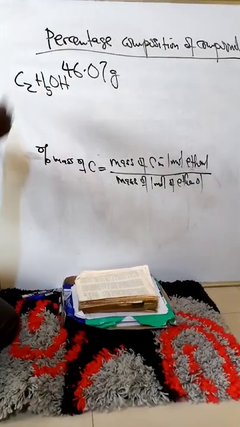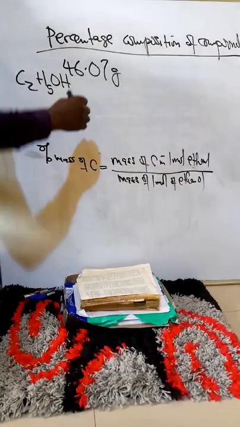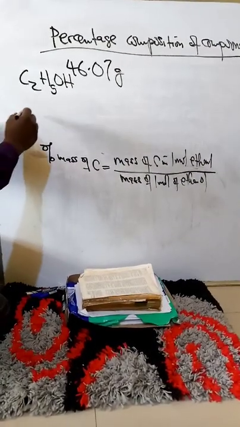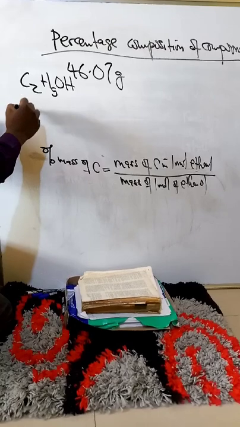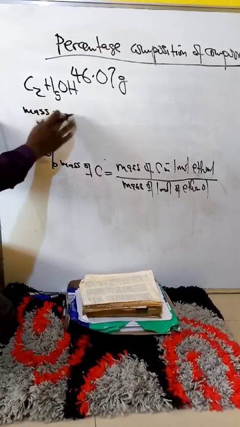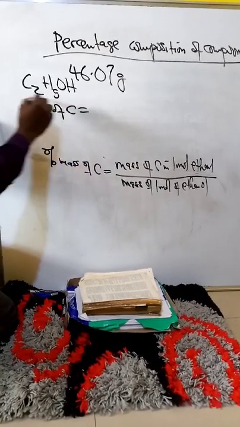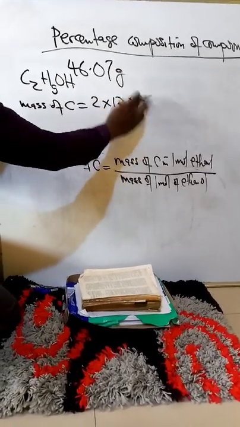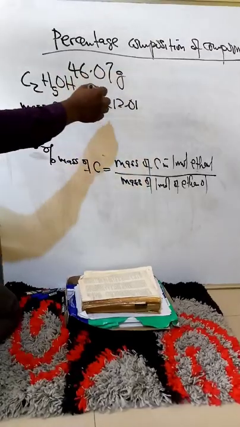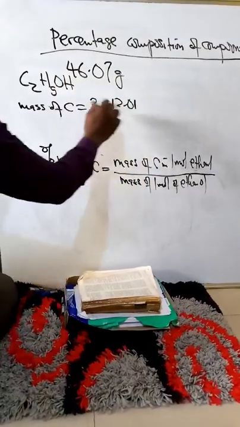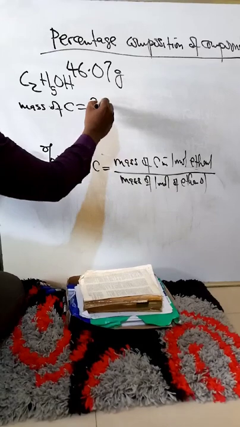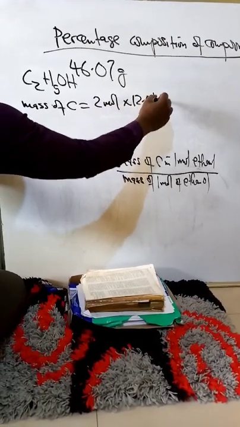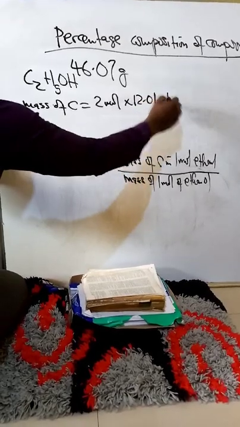C2H5OH. So we can start with the mass of carbon. We have 2 times 12.01, so this is 2 moles times 12.01 gram per mole.